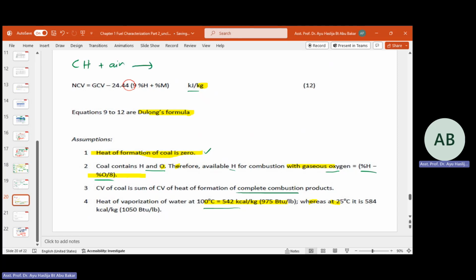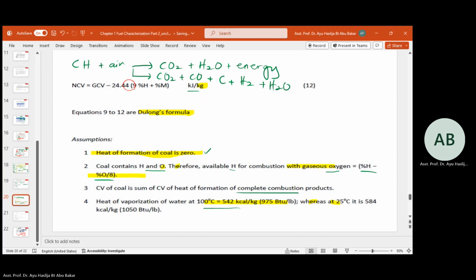Complete means the C and H are completely consumed, so they will be completely converted into this, plus the energy. If incomplete, there will still be CO2, CO, sometimes still C, carbon, and H2, H2O. This one is incomplete.